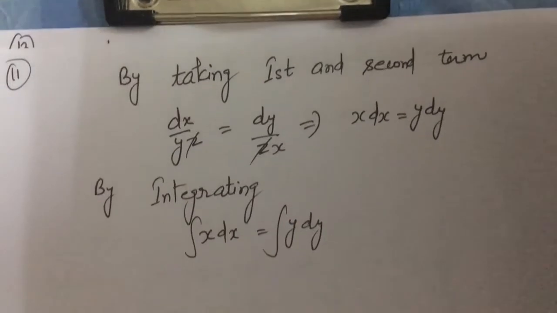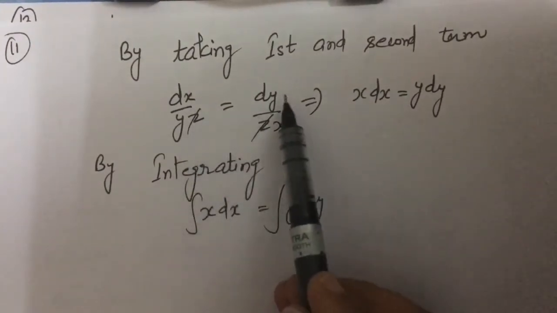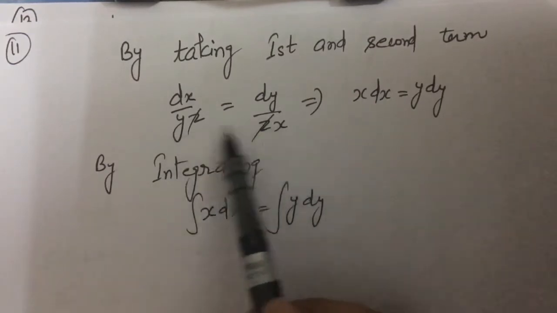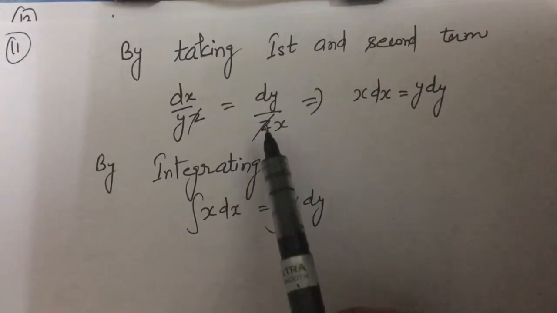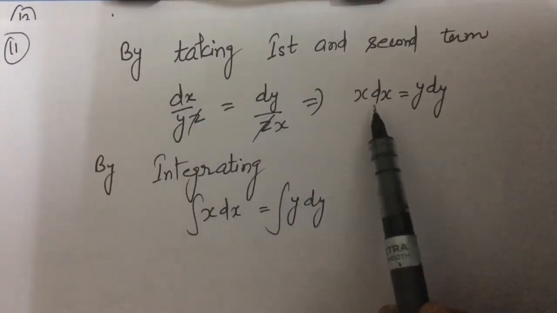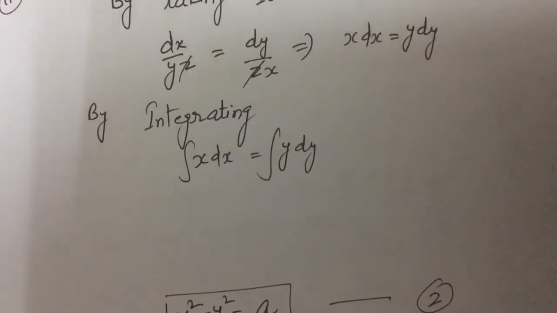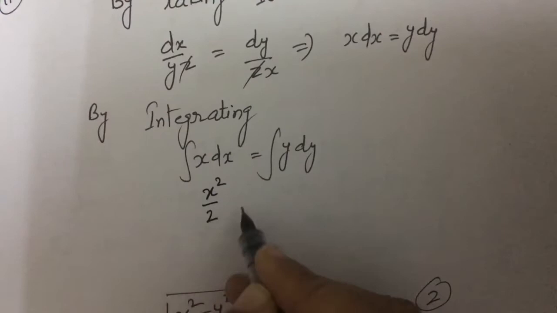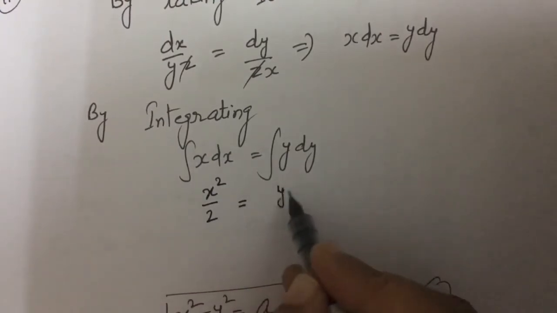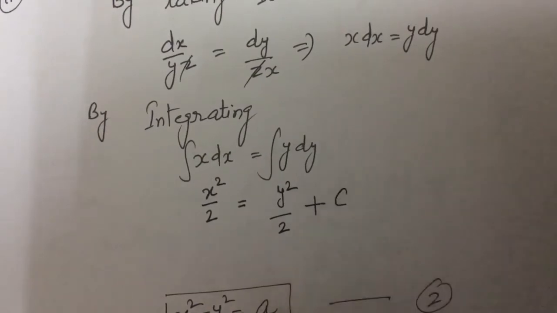Suppose we are taking the first and second term, dx upon yz, dy by zx. By equating these two terms, z can be cancelled on both sides. By cross multiplication, you will get x dx and y dy. Then by integrating on both sides, you will get x square by 2 and y square by 2 plus a constant of integration.